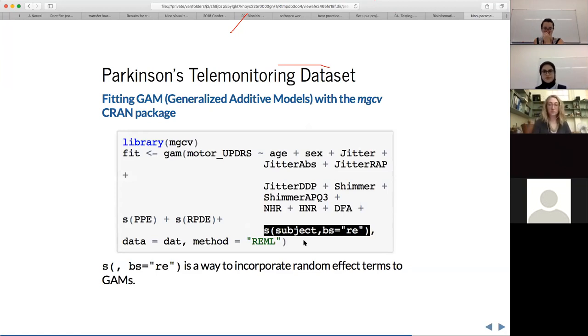So we are using this notation, which is fitting a spline, but it's a random effect term. It's including the subject as a random effect term into the GAM model. So it's a way of incorporating random effect terms into the generalized additive model.